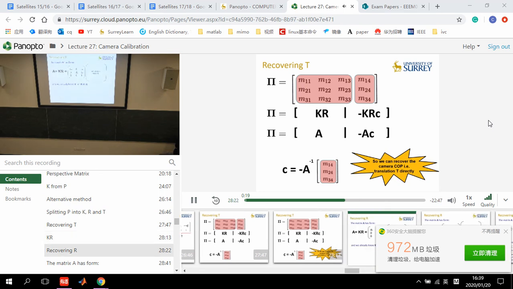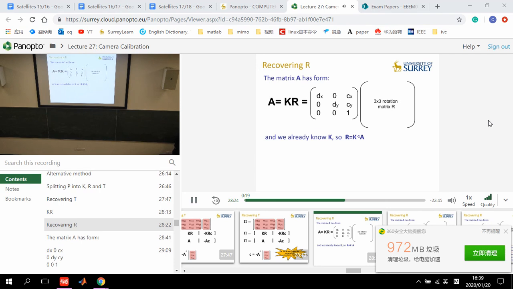And if we have K and R, well, we already know K because we recovered it a moment ago. So if we know our K, then it's simple to recover our R. Our R is simply K inverse A, and that gives us our orientation.